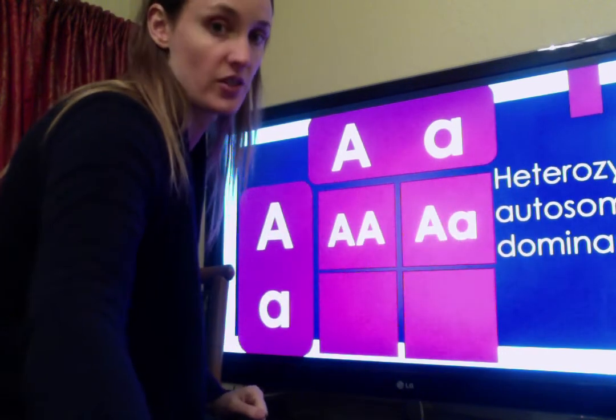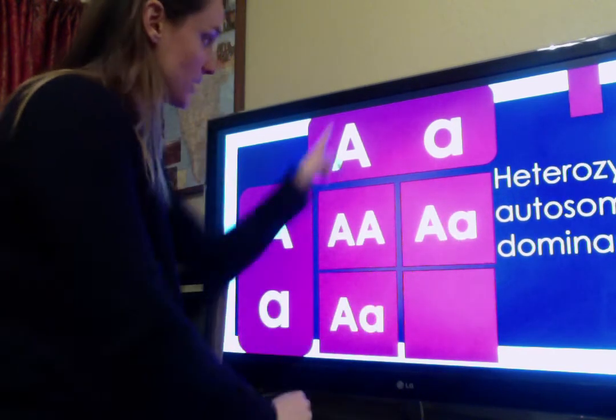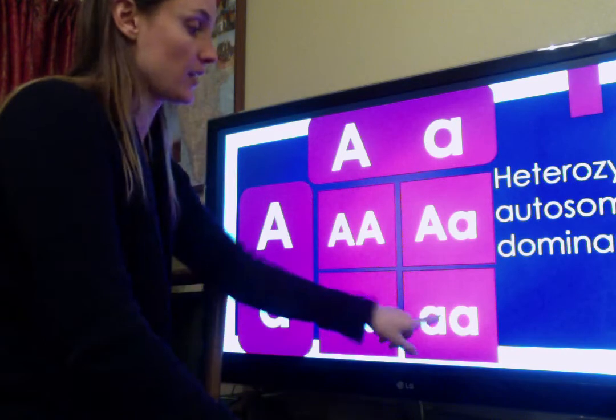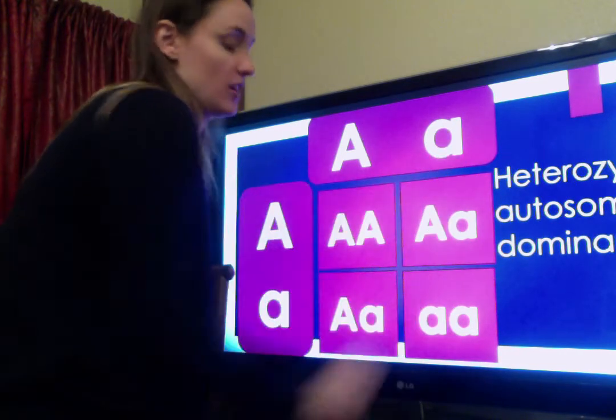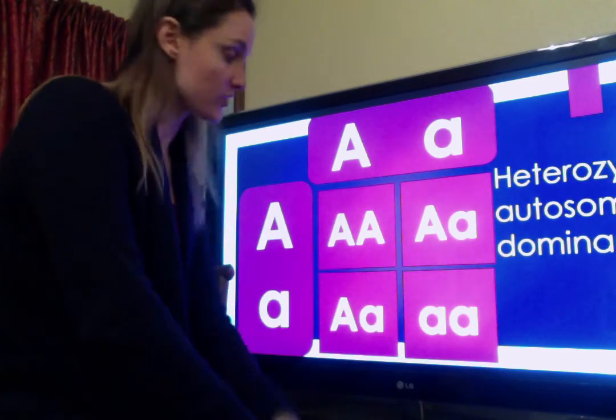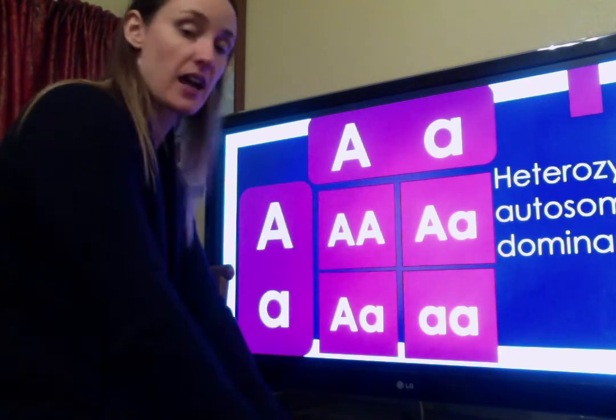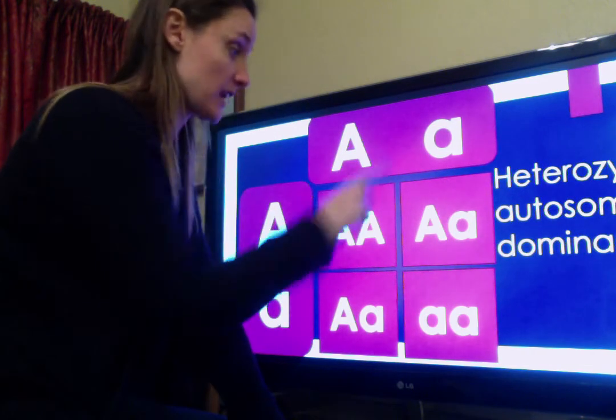They will express the trait as well. Same here, big A comes down here, little a comes over here. They express the trait. And then their last child would not express the trait. So it's a 75% chance if both parents are heterozygous autosomal dominant that their children would express the trait.